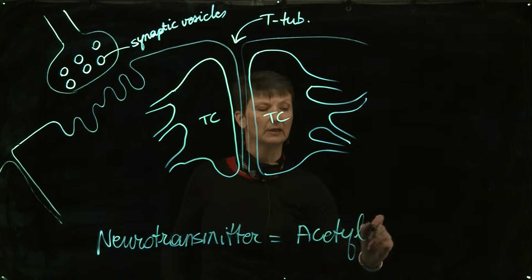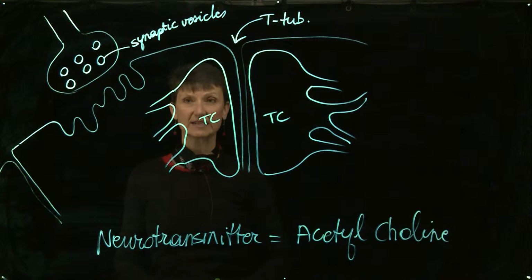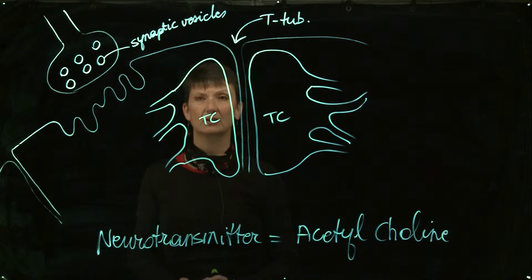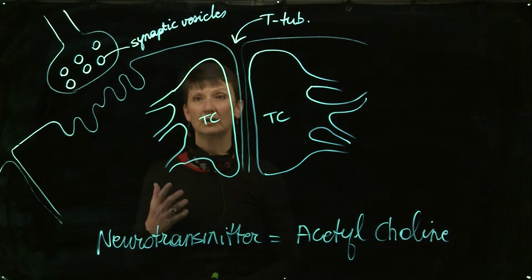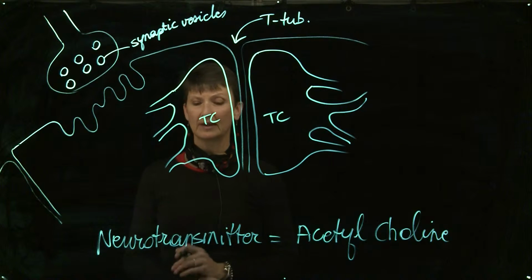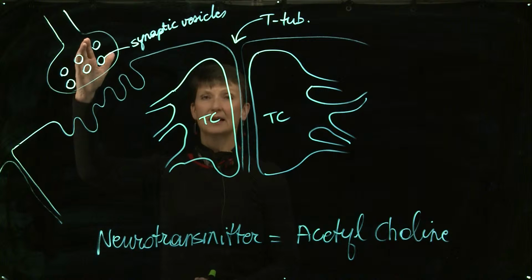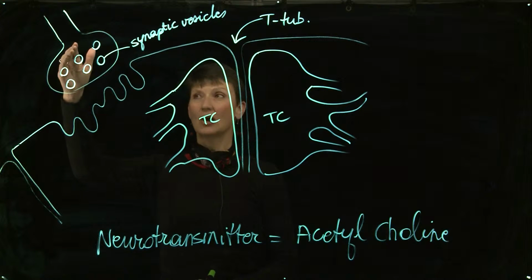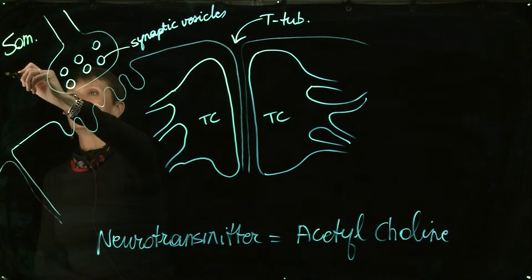It will never be any other neurotransmitter. There are many neurotransmitters in our body, especially in our central nervous system, but pretty much throughout our body. Some examples that you're familiar with are norepinephrine, dopamine, serotonin, just to name a few. But the one that always lands on skeletal muscles and that is always being released by the synaptic vesicles of our somatic motor neuron is acetylcholine.